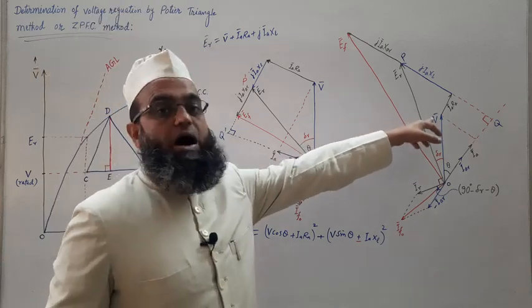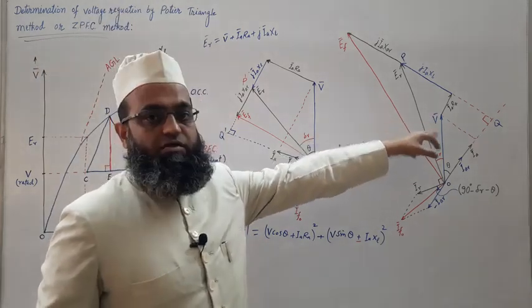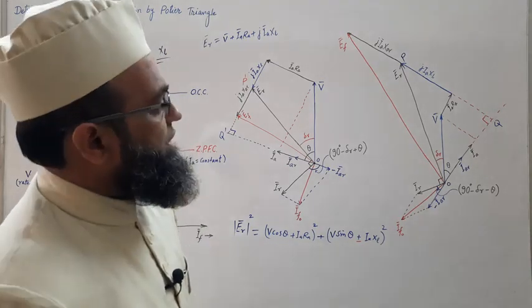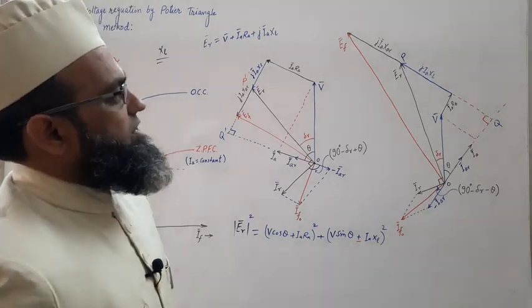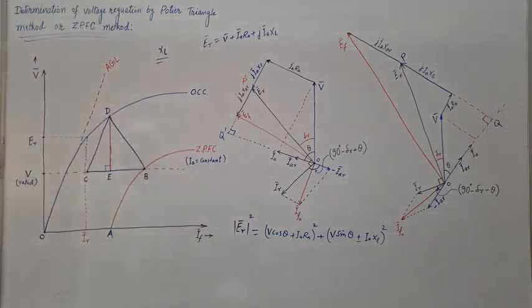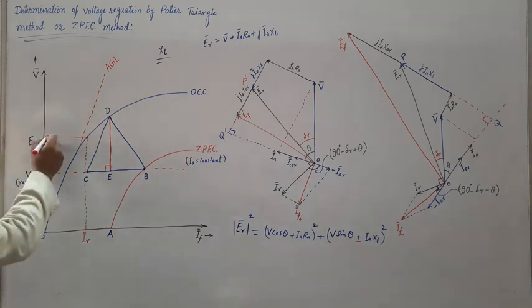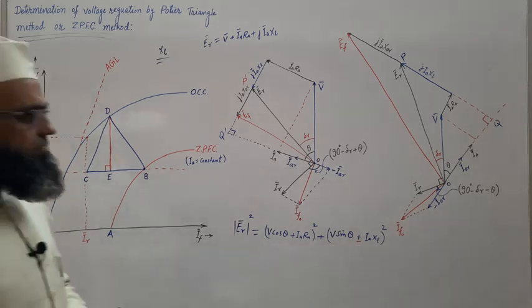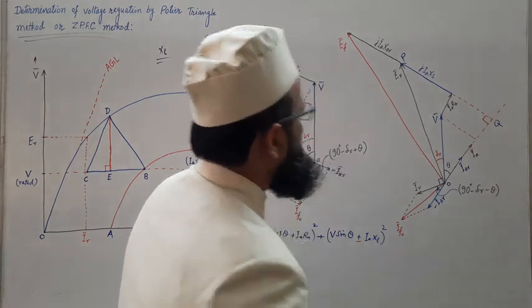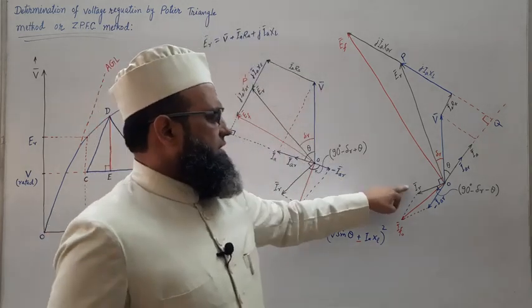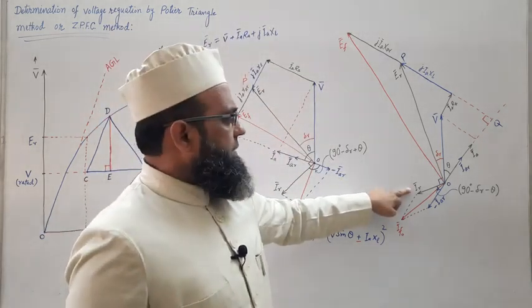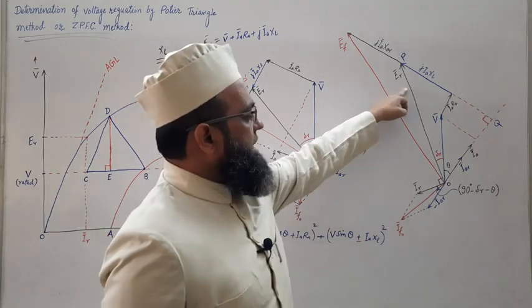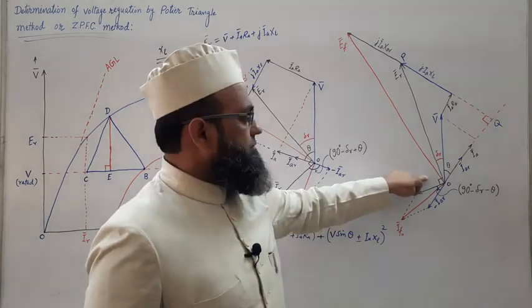We have not ignored Ra here, we are taking, because for practical evaluation Ra must be considered. So corresponding to this Er, we are getting Ir like this, and we have already discussed in our previous lecture that this Ir leads Er by 90 degree.